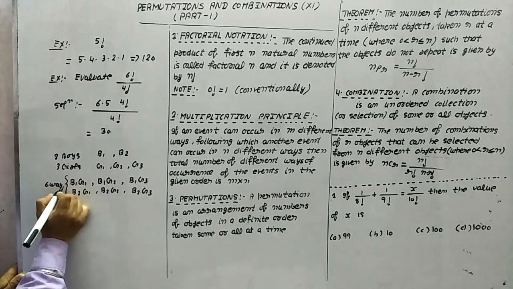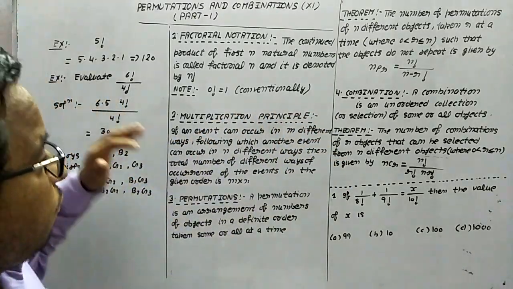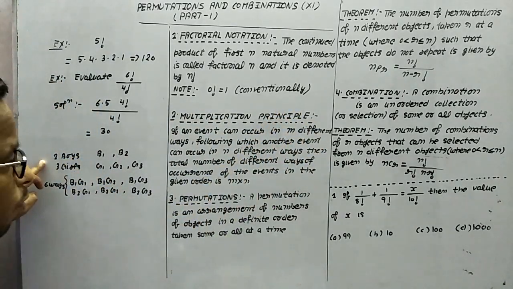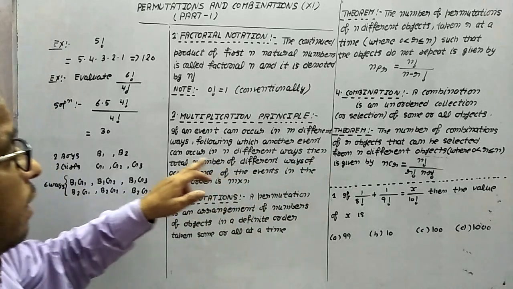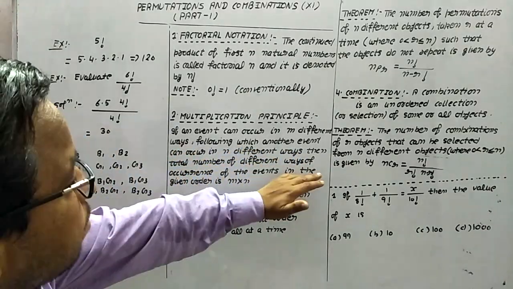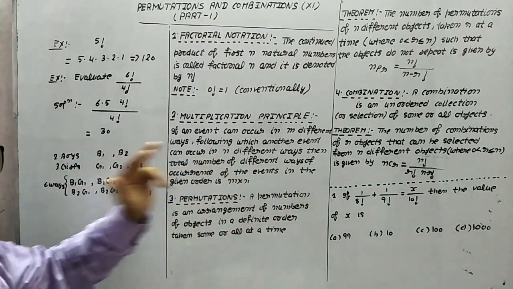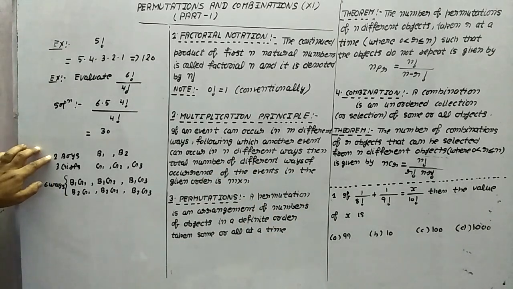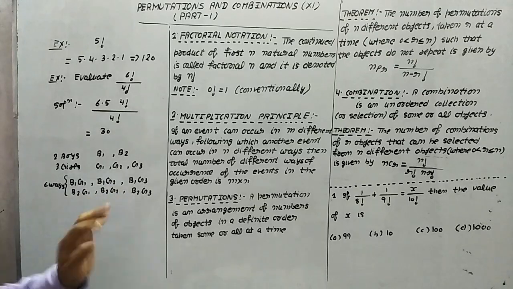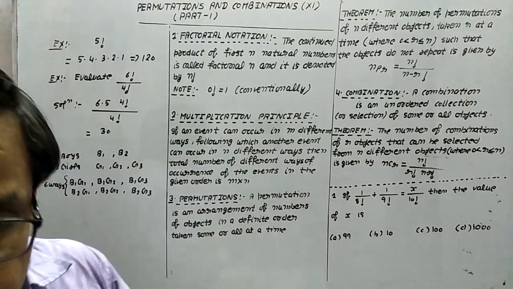So on the basis of this, the multiplication principle says: if an event can occur in m different ways, suppose two boys, following which another event can occur in n different ways, suppose three girls, then the total number of different ways of occurrence of the events in the given order is m into n. And here we are also observing 2 into 3 is 6. So this is the meaning of the multiplication principle.